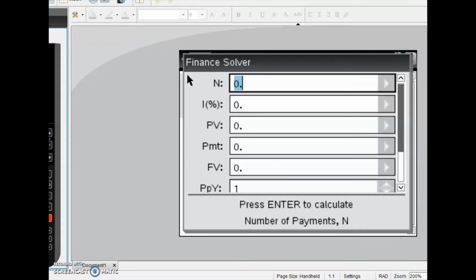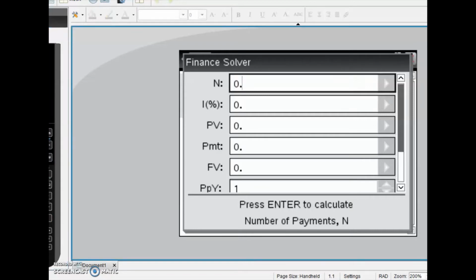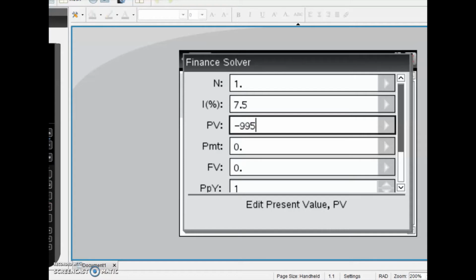Okay, so if we jump into our calculator now, putting in the information that we do know. We're going to make one final repayment here, so we'll make N 1. Our interest rate, we were told, was 7.5% per annum. Our principal value, at this point he owes, so we put it in as negative $995.49.